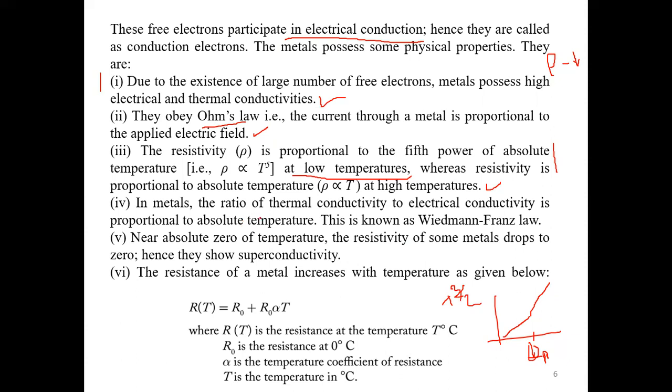In metals, the ratio of thermal conductivity to electrical conductivity is proportional to the absolute temperature, and this is known as the Wiedemann-Franz law. And near absolute zero temperature, the resistivity of some metals drops to zero. Hence, they show superconductivity.